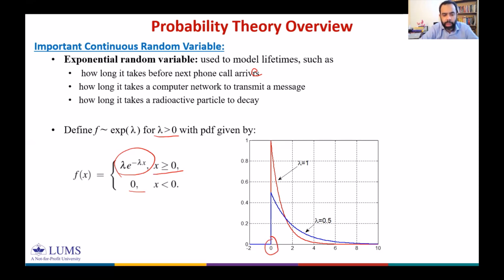So this PDF is only defined for x greater than or equal to 0. For x less than 0, the value of PDF is equal to 0. Right? For larger values of lambda, you get a higher spike at 0, and that decays to 0 quickly, as compared to smaller values of lambda.